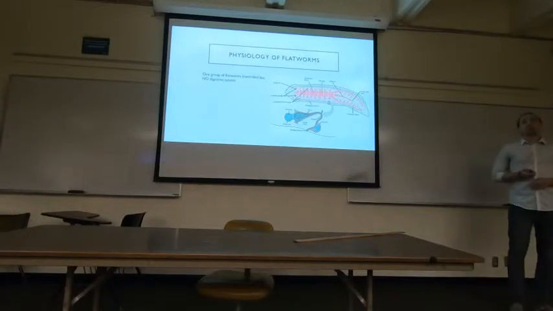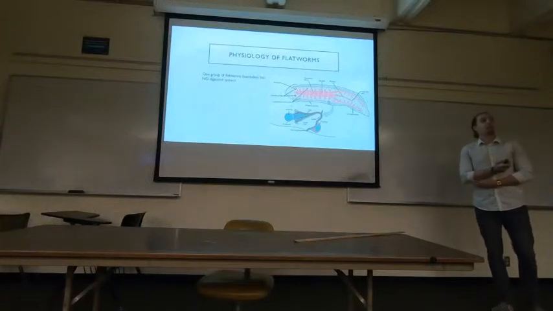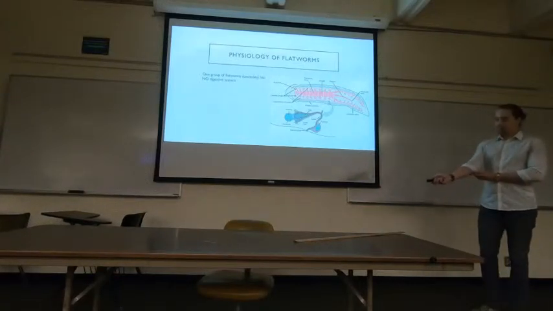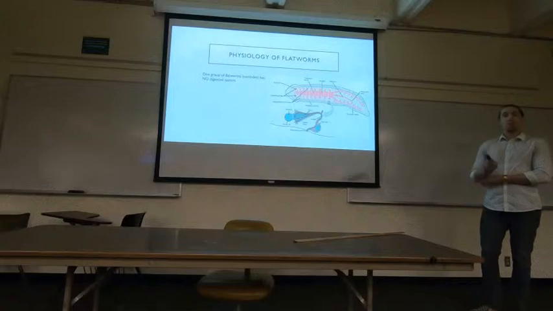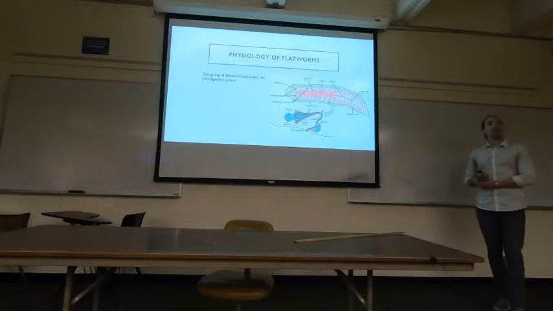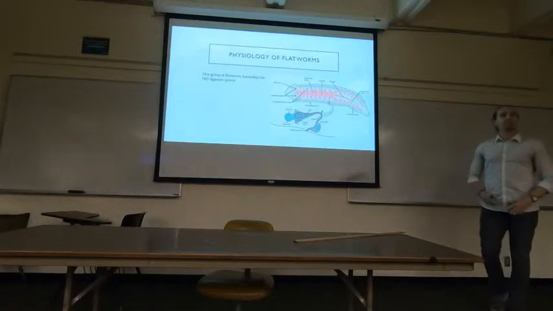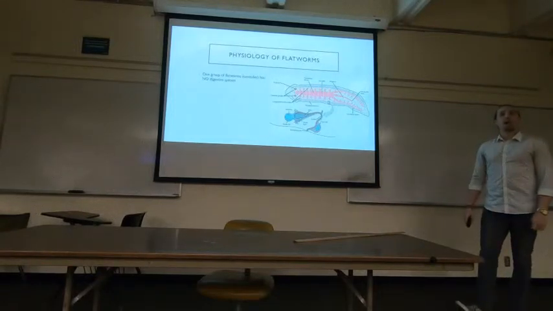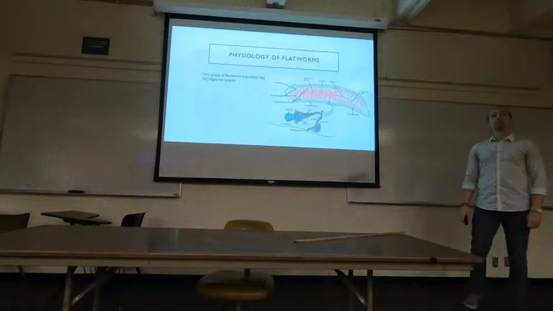So an interesting case here, there is a group of flatworms called the cestodes that have no digestive system. How do you suppose they get away with that? It's not even a simple two-way, one-opening incomplete system. They just don't have one. It has to do with where they live.